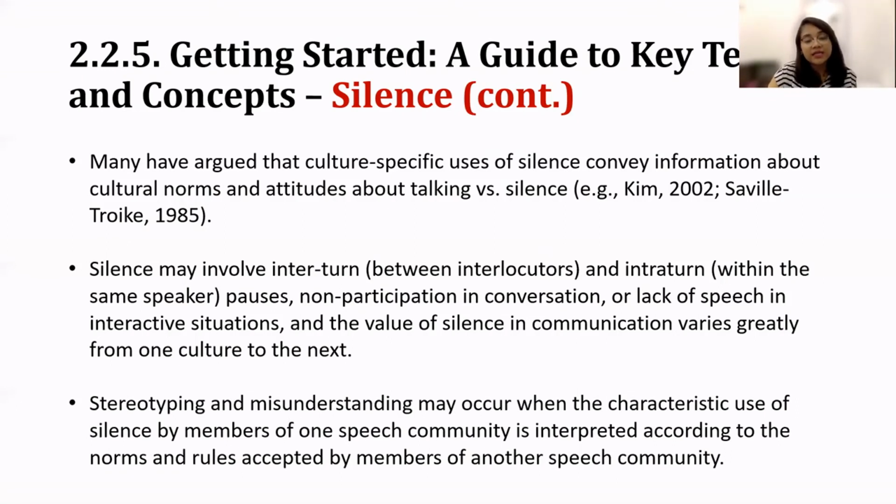Stereotyping and misunderstanding may occur when the characteristic use of silence by members of one speech community is interpreted according to the norms and rules accepted by members of another speech community.